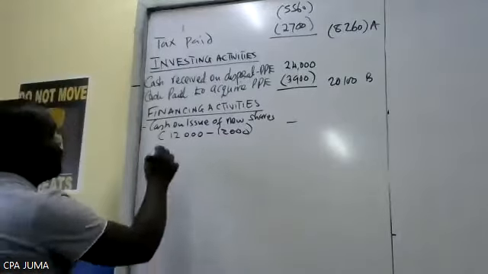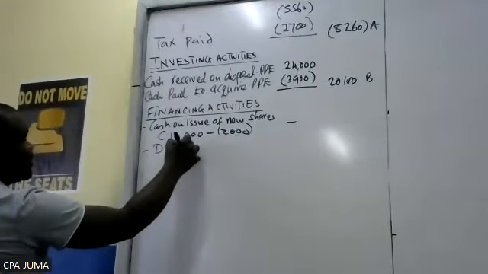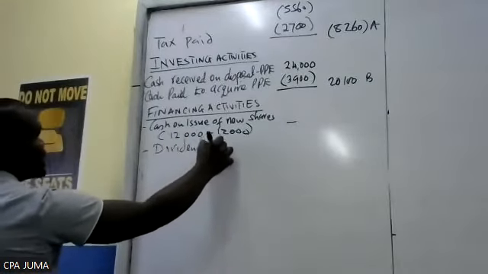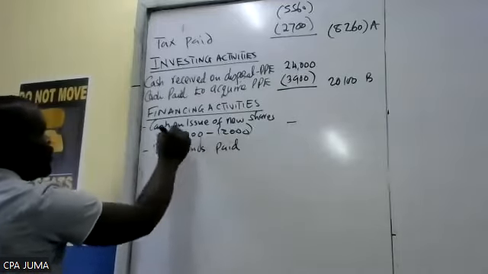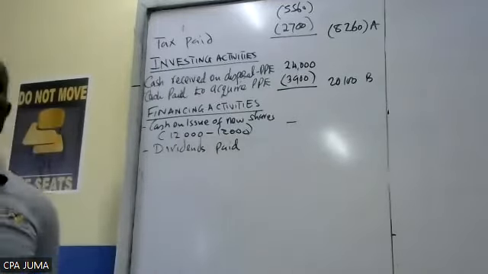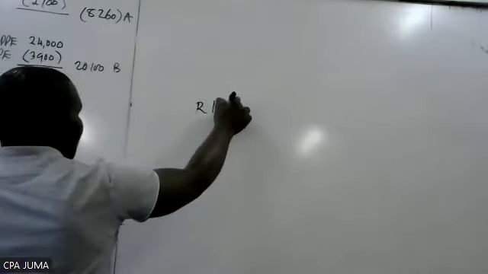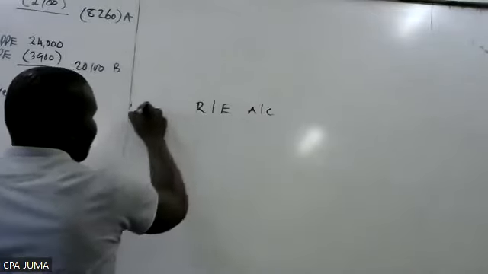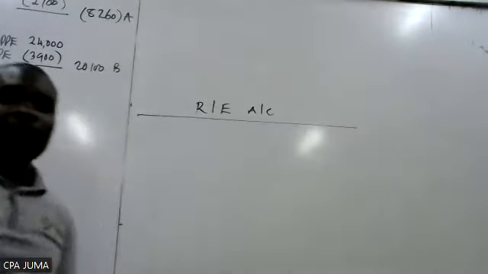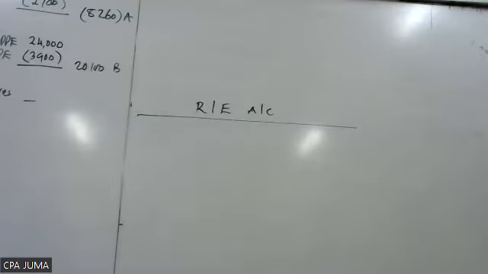So we write here, dividends paid. Then we go and do a working for the retained earnings account.